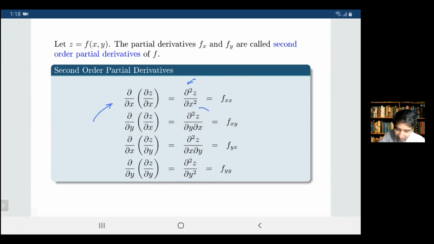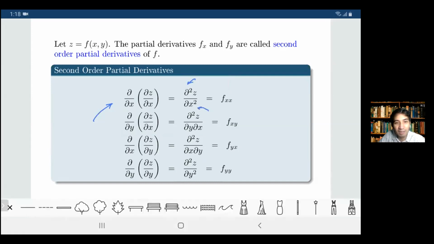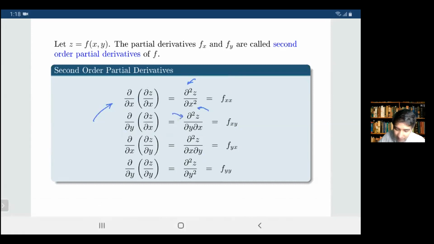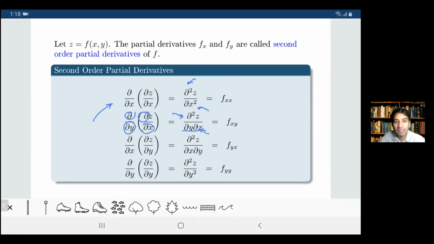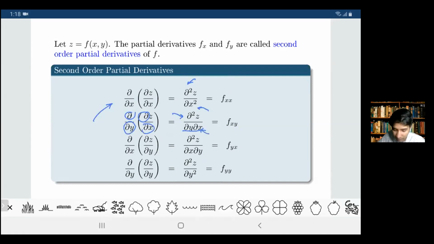Tapos sa denominator, meron kang dalawang partial x, kaya meron kang partial x squared. So, ganun lang. Yung nandito rin, partial squared z, kasi dalawang partial yan. Tapos dito, magiging partial y, partial x. Wag yung basta-basta pagbabalik rin to kasi yung order, then very specific na.